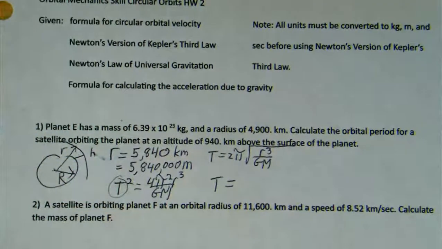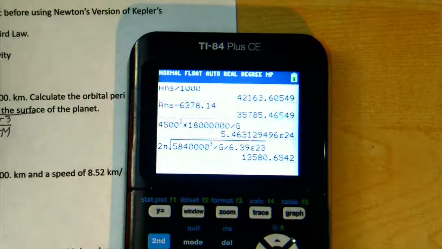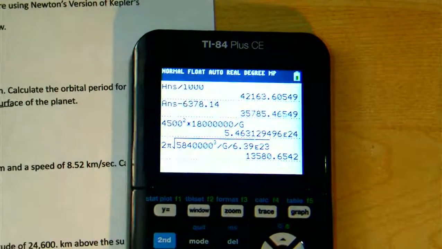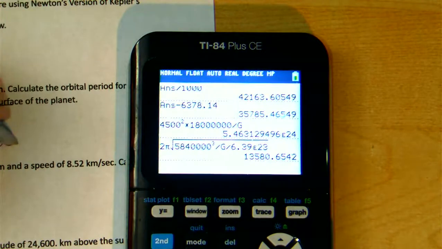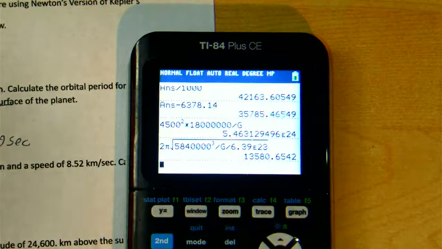Enter. And my calculator says the orbital period is 13,600 seconds. It's okay at this point if you round it off.